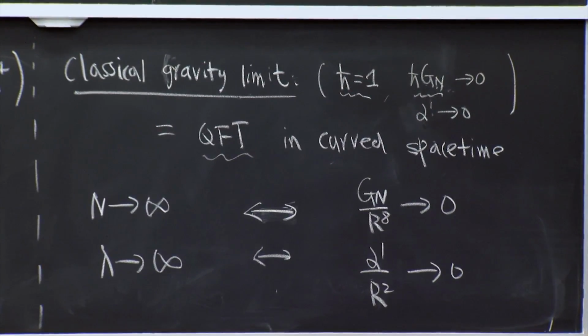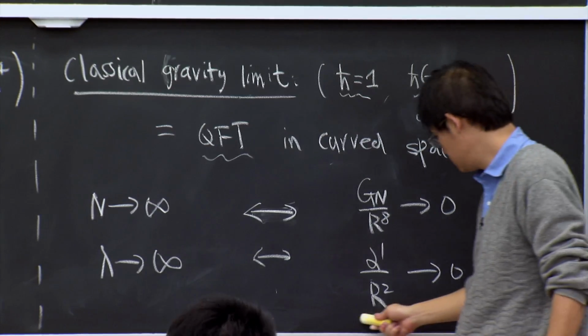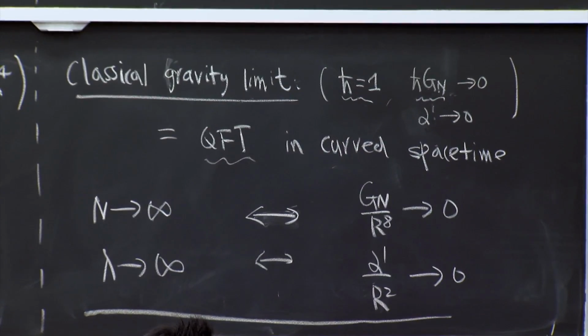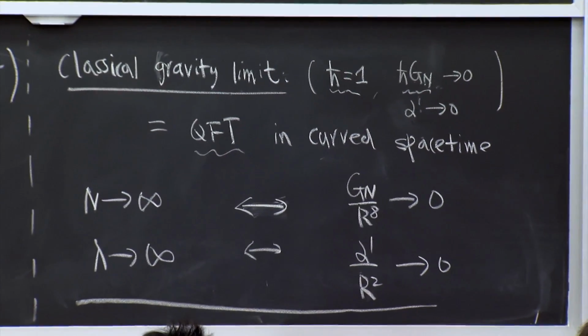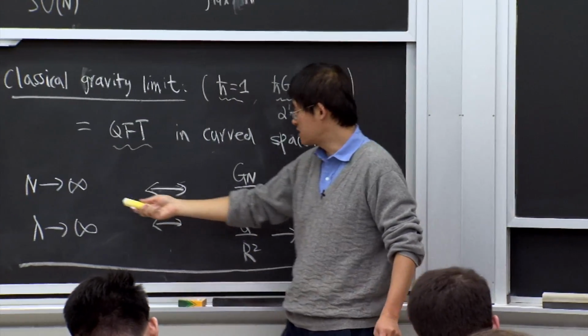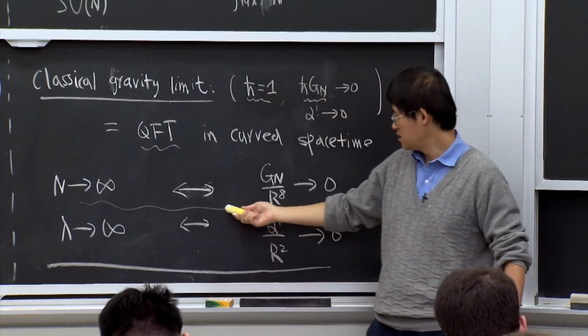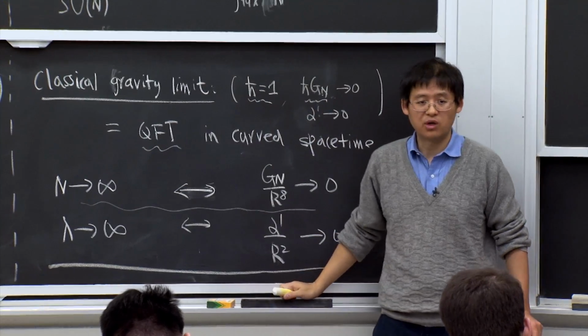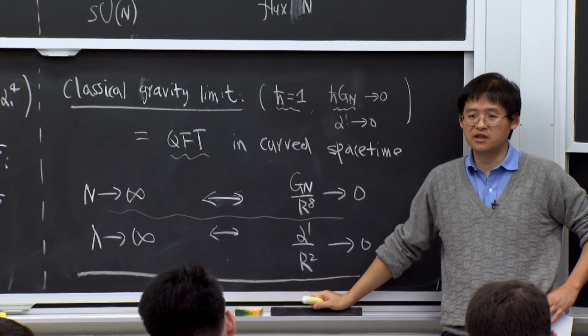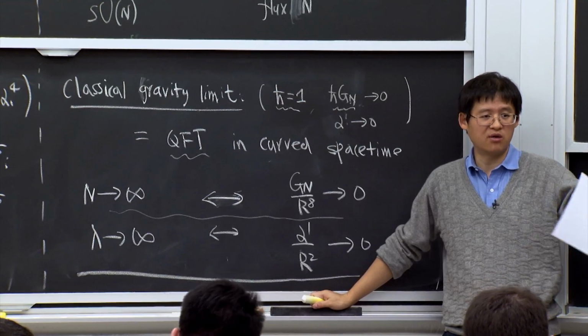So now we see a remarkable relation. This is essentially what we expect if you still remember what we did before in the large N gauge theory. In the large N limit, the fluctuations become very small.